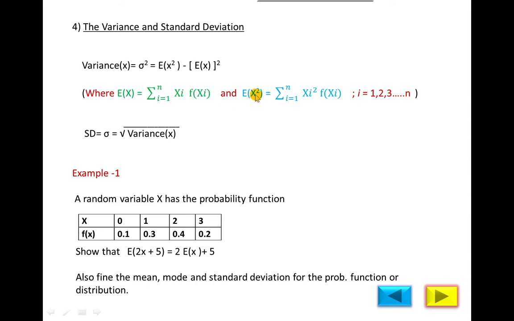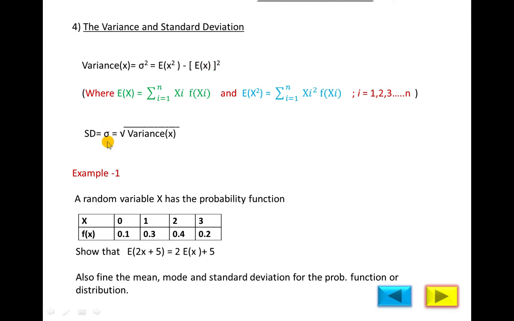And what will be the Ex square? If this term is x square, we will write here x square. First we will calculate the x square, then multiply by corresponding probabilities. You will obtain Ex square, then substitute here Ex square, minus sign, value of Ex here, then whole square. This is the Ex square, this is the Ex whole square, both are different.